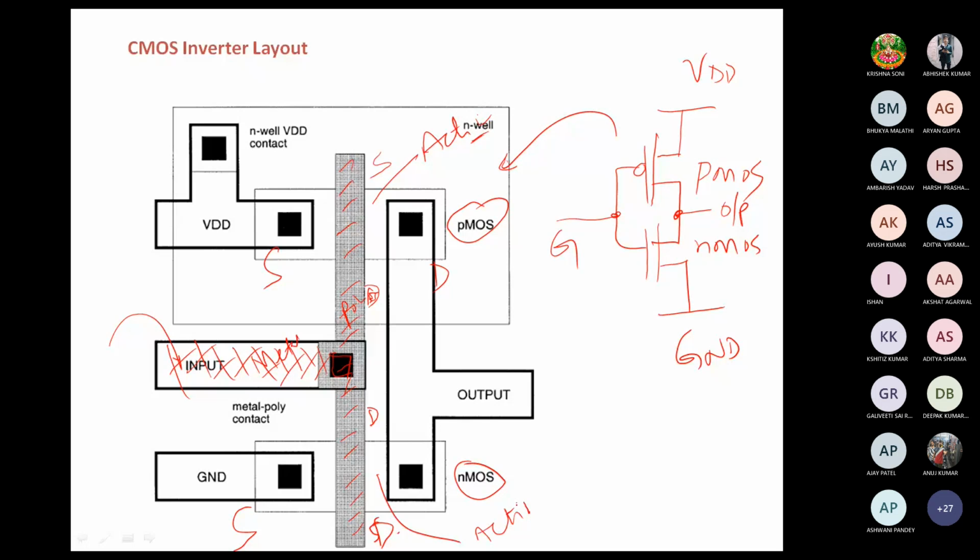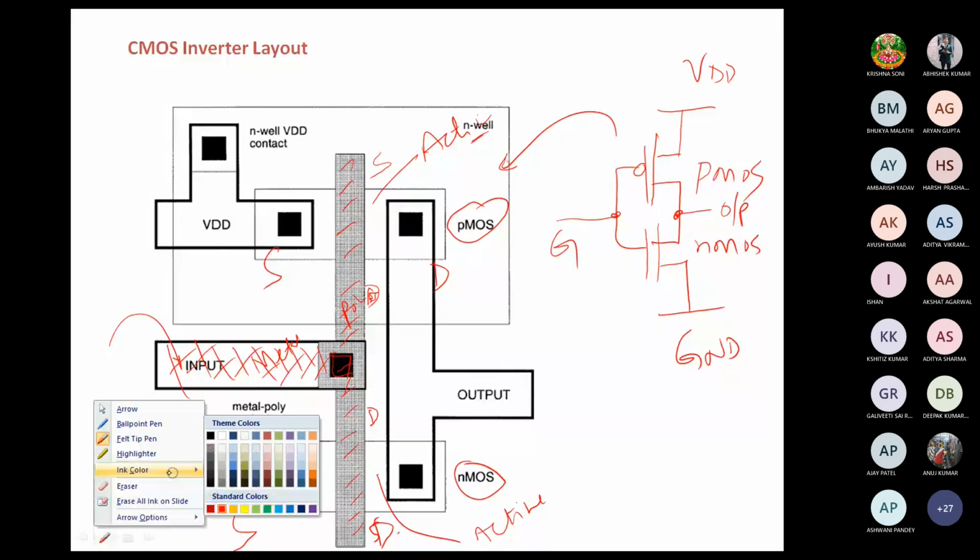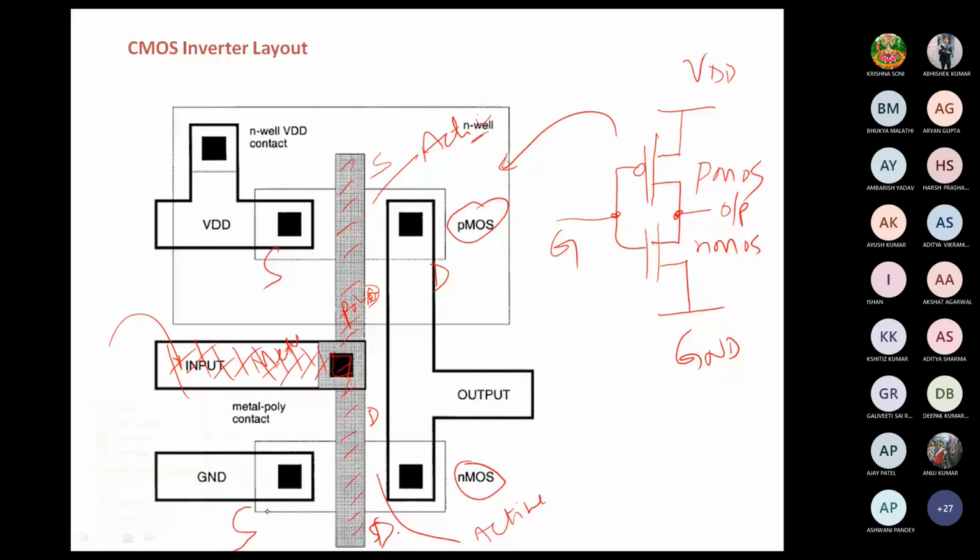So we see that whenever there is an overlap of the active region and polysilicon, there is the formation of a transistor, with source and drain on the other side. The drains, on the other hand, are both connected together, and the output is taken here.